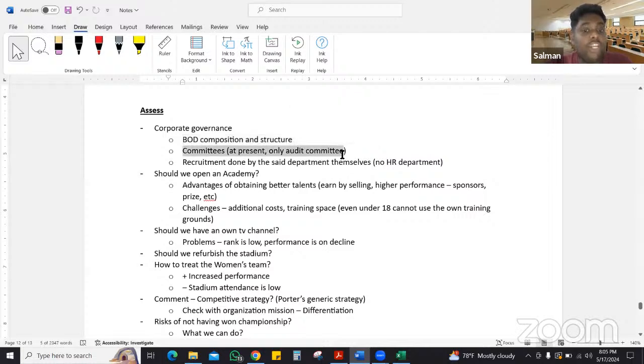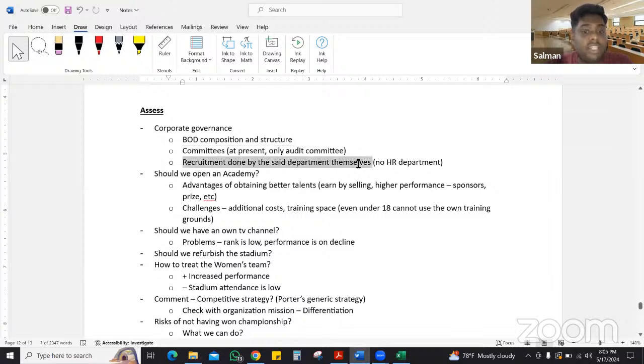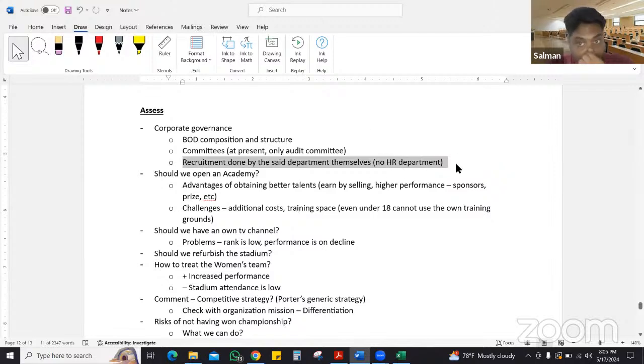Committee, we only have an audit committee. What about nomination, remuneration, risk? Recruitment is done by the departments themselves. So why don't we have an HR department? Or do we have 5 HR departments separately? It doesn't make sense having 5 HR departments, right? So there can be some room for inefficiencies.